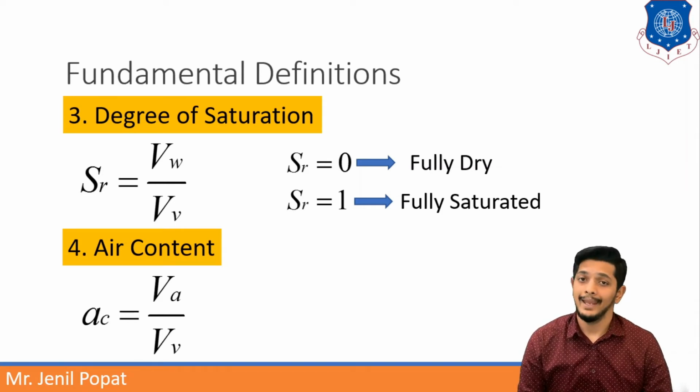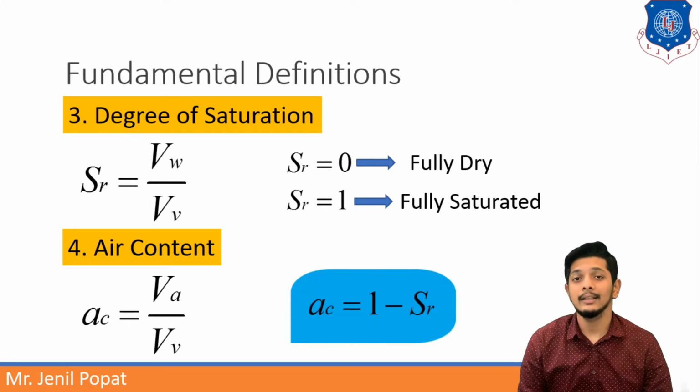As degree of saturation and air content both have the same denominator Vv, we can say both are complementary to each other, and we can write that ac is equal to 1 minus Sr.